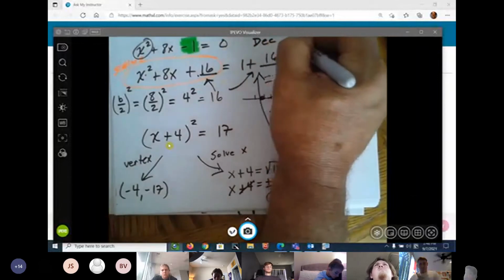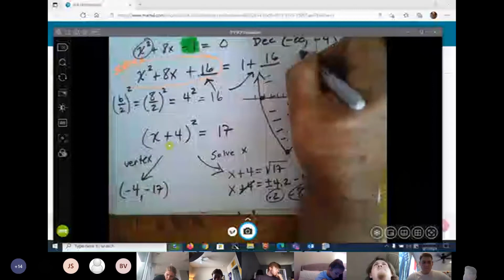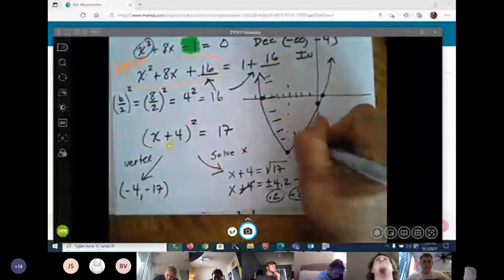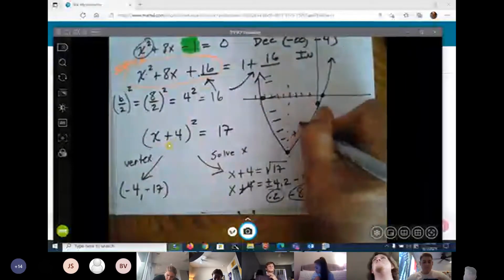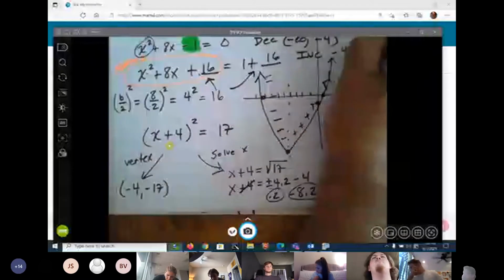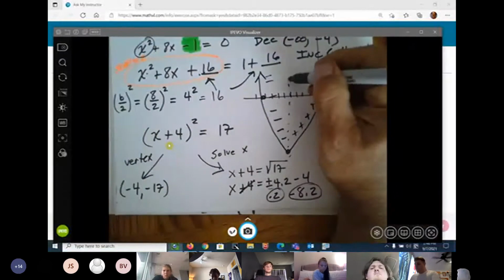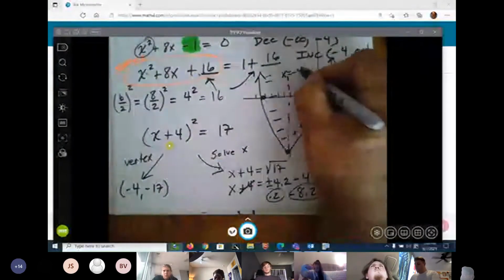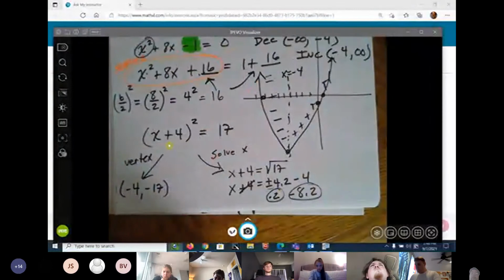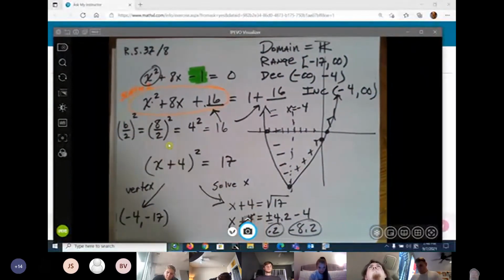Decreasing from -infinity to -4, increasing from -4 to infinity. Line of symmetry is x is equal to -4. And everybody should know how to do all of that when you're in calculus. So if you didn't learn that in 110 or 109, then you didn't get your money's worth.